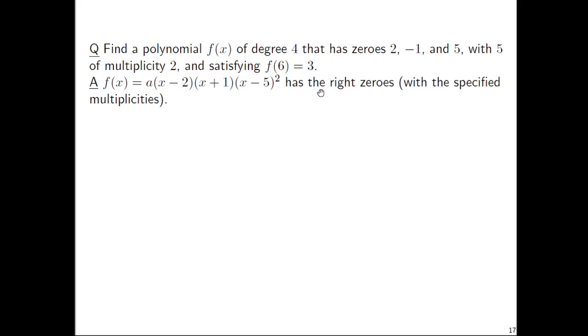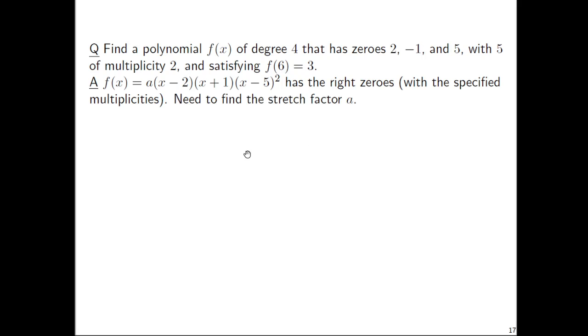So this has the right zeros, yeah? 2 needs to be a 0, so that's why there's this x minus 2. Negative 1 has to be a 0, so that's why there's this x plus 1. 5 has to be a root, so that's why there's an x minus 5, but it's of multiplicity 2, which is why the exponent is 2 here. So this has the right zeros with the right multiplicities.